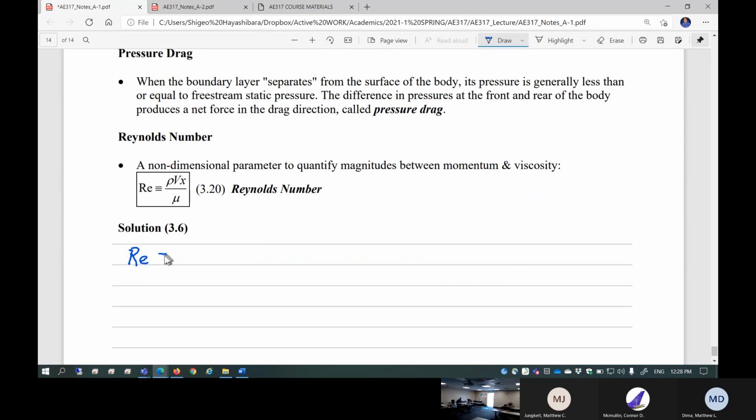Reynolds number, as it's defined, is rho times velocity V times x over viscosity mu.